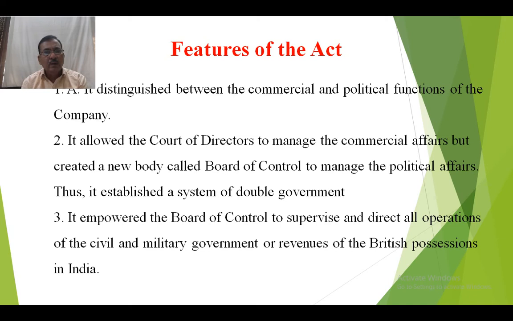That means the Board of Control was given various powers to control the political, military, civil and financial affairs, whereas the East India Company was limited and restricted only to trading. And this was the second act framed by the British government in order to regulate the affairs of the East India Company in India.